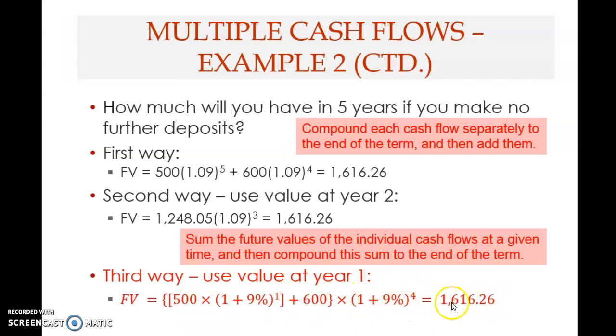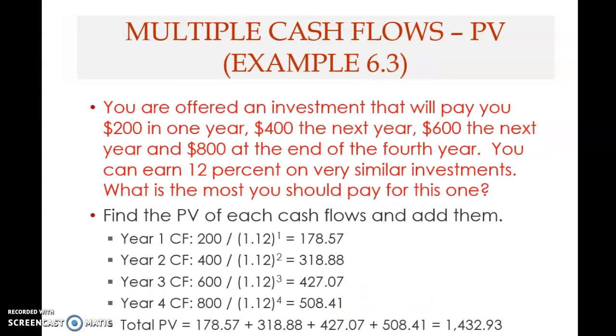Any which way you use, as long as you're consistent, you get the same answer. Consistent here means consistent in terms of the concept. The concept is correct here. All 3 ways are correct concepts. Is that okay?